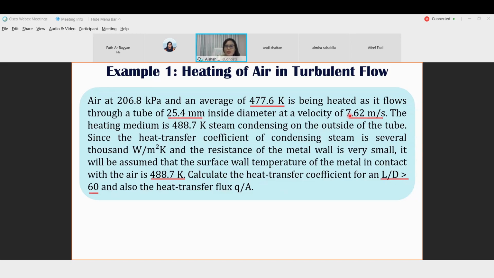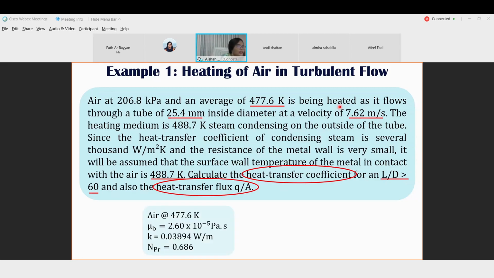Which is why the equations that you will use to calculate sometimes depend on the L over D, whether it's more than 60, or fully developed flow or not. So what we want to find here is the heat transfer coefficient h and the heat transfer flux Q over A. Okay, so good job here.